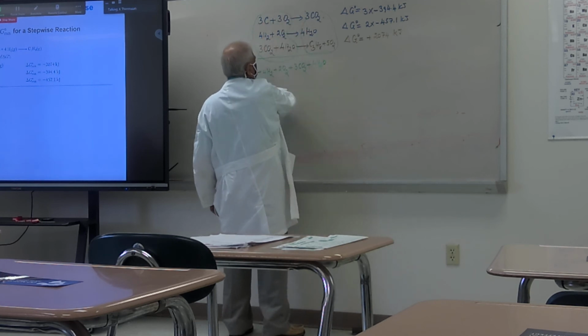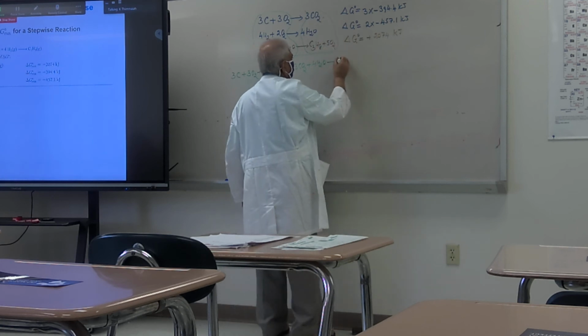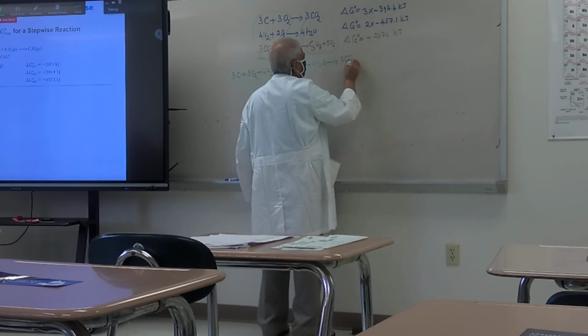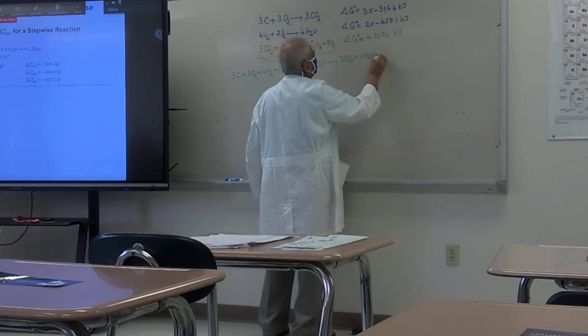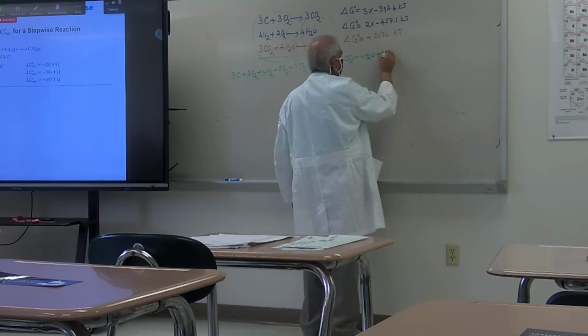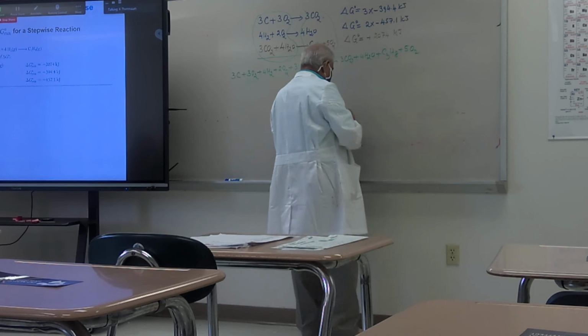I have added all this side, correct? So now I am going to add all the right side. 3CO2, 4H2O, C3H8 plus 5O2.